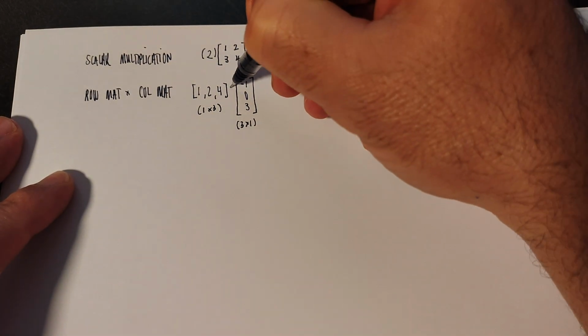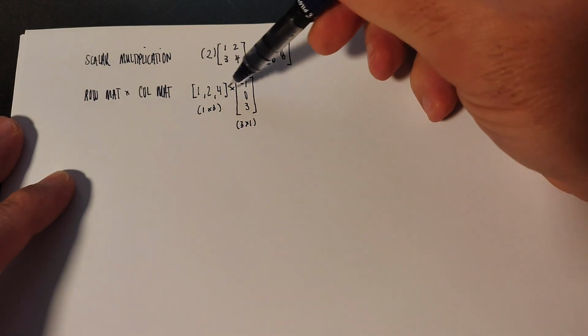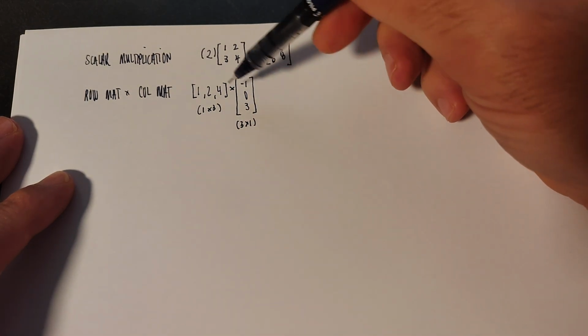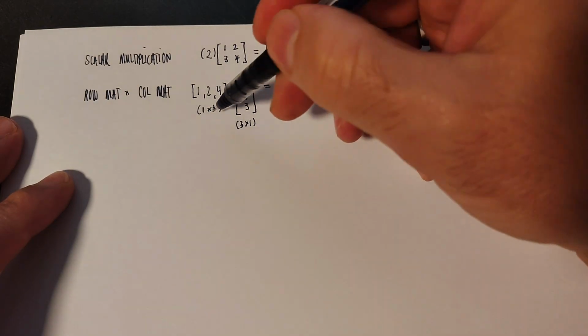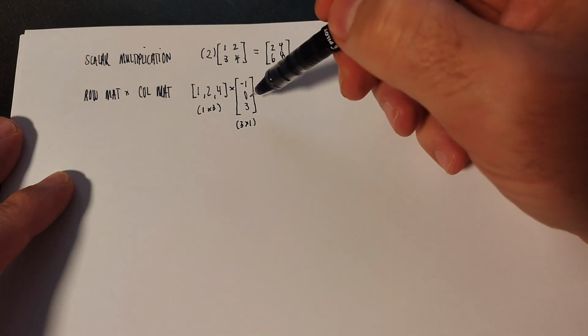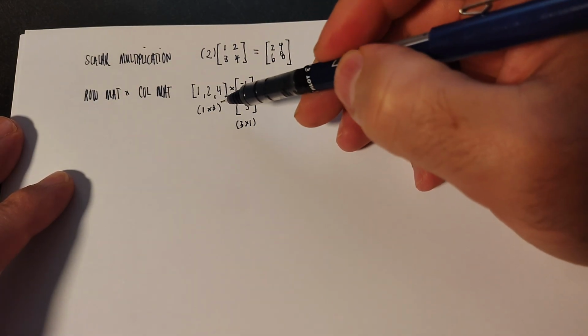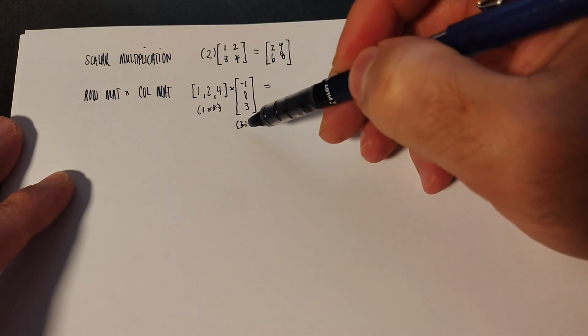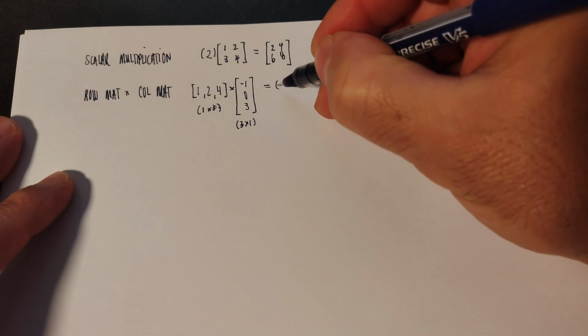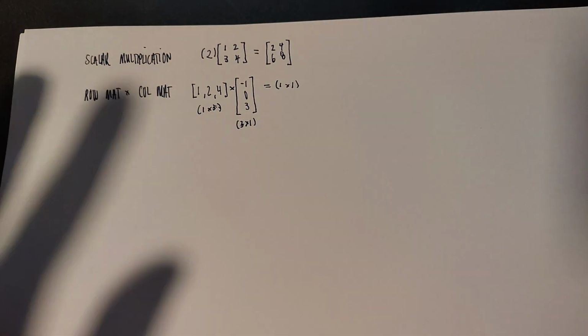Whenever you multiply matrices like this together, you can look at the dimensions and they'll tell you what the dimension of the resulting matrix is going to be. All you have to do is get rid of the inside values, and what you'll see is that it becomes a 1 by 1 matrix, or a constant.